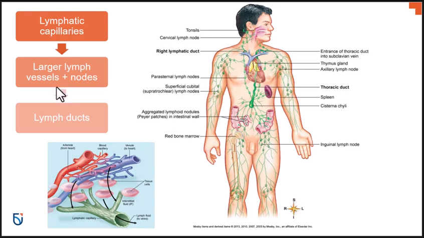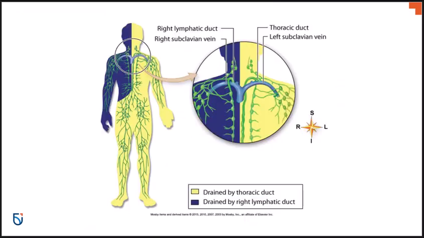And then these lymphatic vessels will merge together to form larger lymphatic ducts, which we'll look at next. The right lymphatic duct and the thoracic duct are very important ones. They're shown on the screen here. So here's the thoracic, and then the right lymphatic are important ducts that we will talk about next.